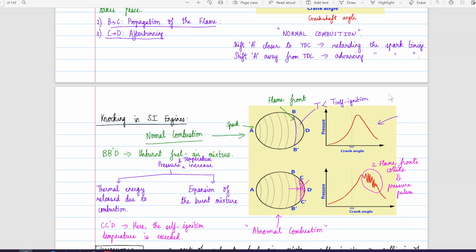No. So see, let's try to understand the chain of events. First, we have a spark. The spark results in initial flame formation. If you look at this diagram where my pointer is, a spark happens, the flame front travels, and that flame front also starts pushing the rest of the unburnt air-fuel mixture towards the wall, increasing the temperature as the pressure is increasing.